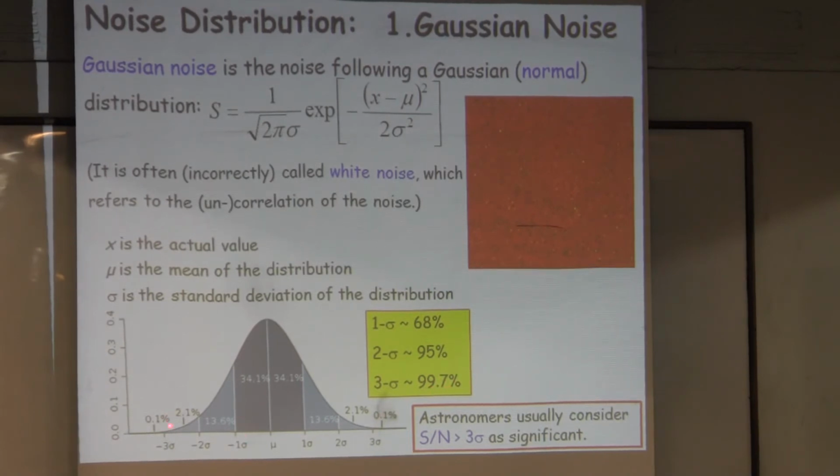So essentially taking the values from here to here. That sounds like a big number, and that's usually why astronomers say, well, if the detection is less than 3 sigma, I don't believe it.